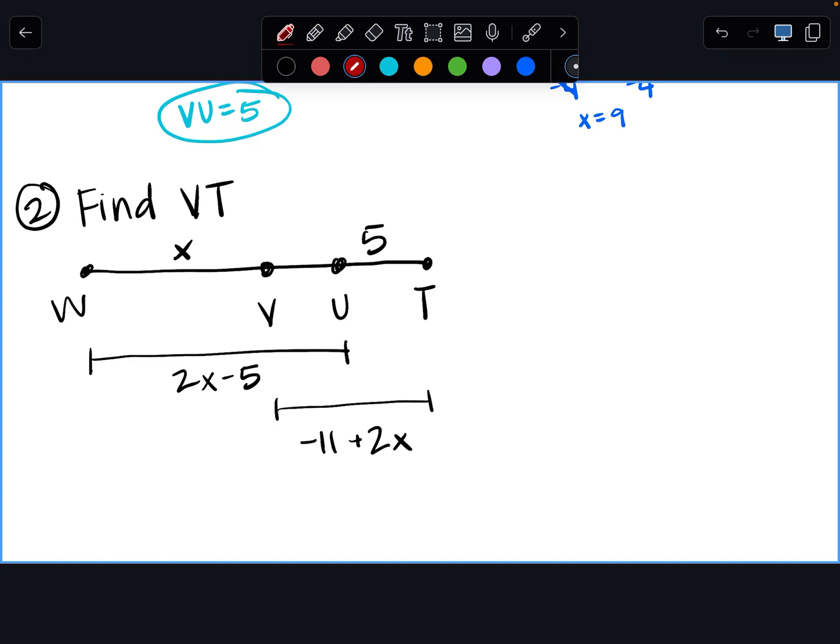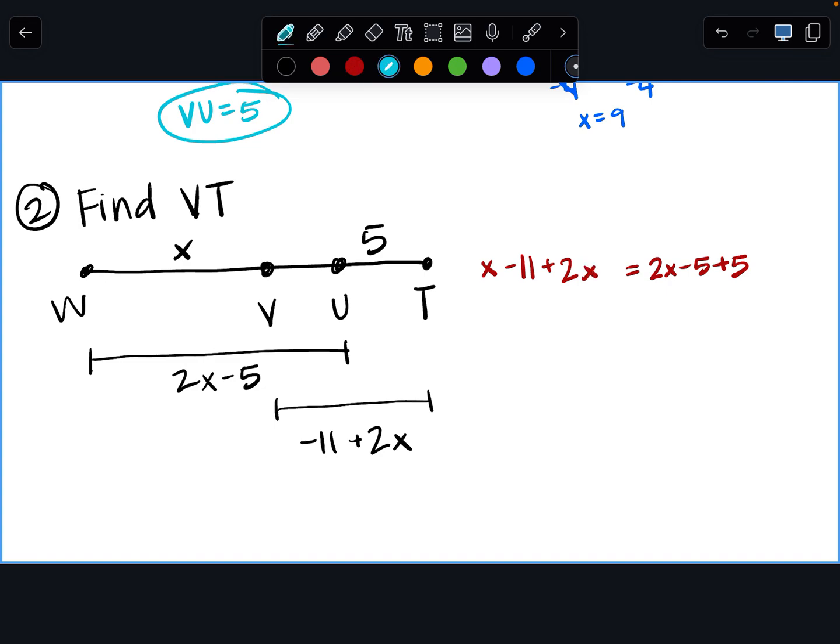So that will be one side of the equation. What gives us the other side? What other 2 can we add together to get the full length? Yes, x and negative 11 plus 2x.